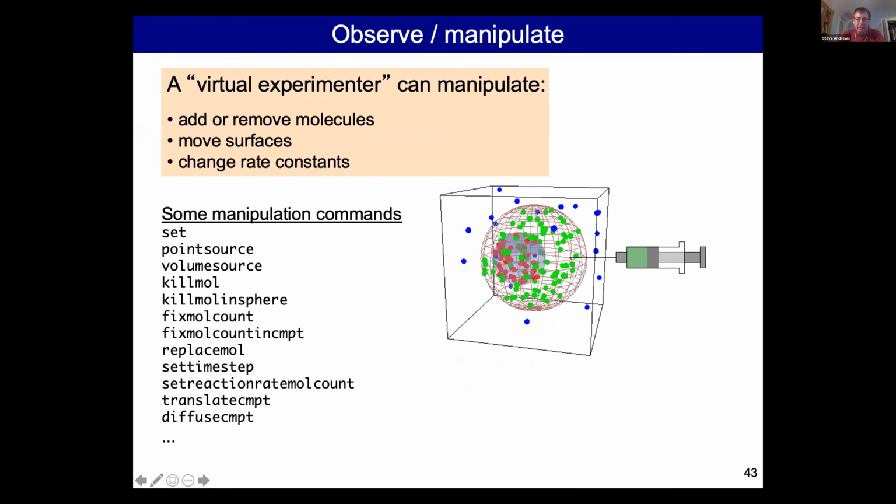Or you can manipulate things. So this is the hack part. You can say, it's completely physically unrealistic, but I want to fix molecules somewhere at some concentration. Or I want to add in molecules somewhere. There's a syringe here saying, now dump in a bunch of green molecules right here. So a huge wide range of manipulations are possible.